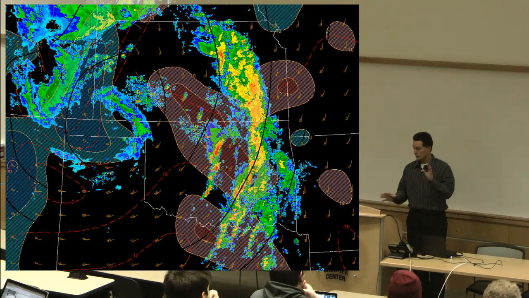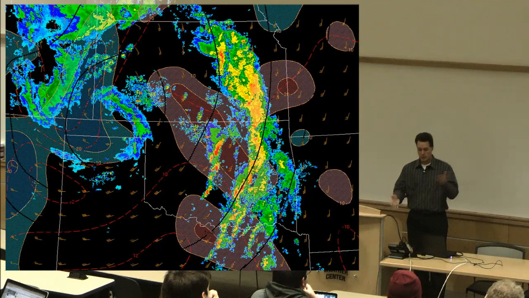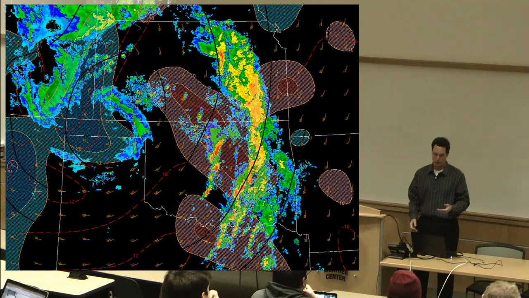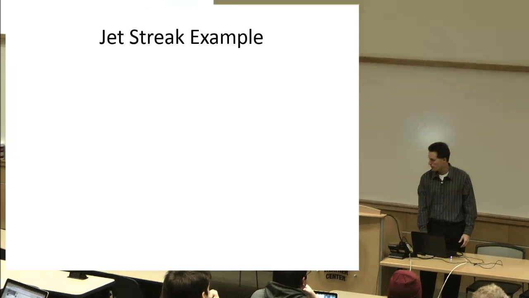So perhaps we have two things going on. We have ascent in the mid-troposphere due to differential CVA, and we have ascent in the lower troposphere, warm advection, and the dry line itself. So again, multi-scale contributions. This would be a case where you would expect storm initiation on that dry line if it's the right thermodynamic environment.